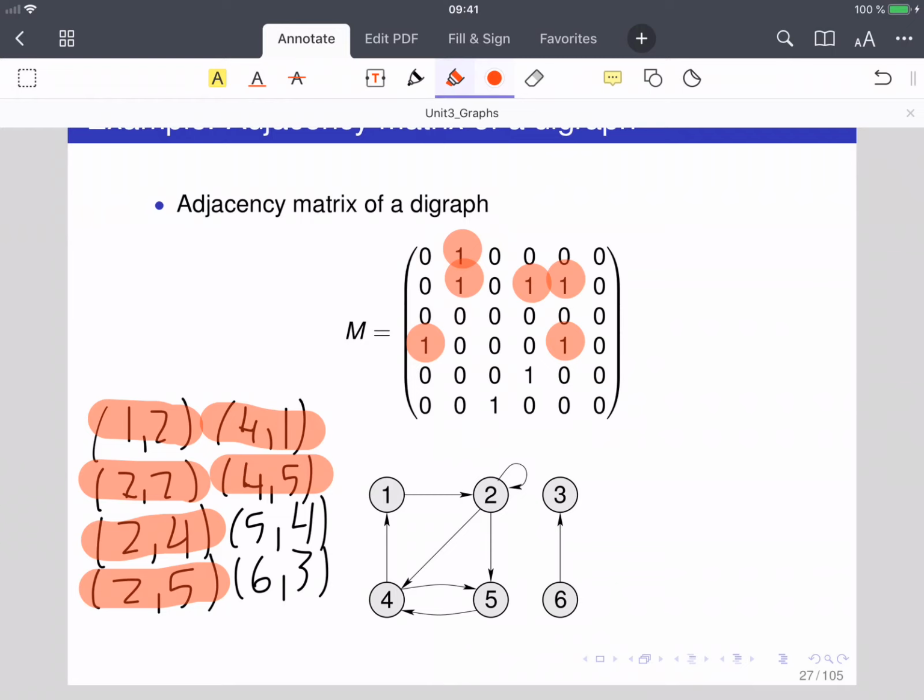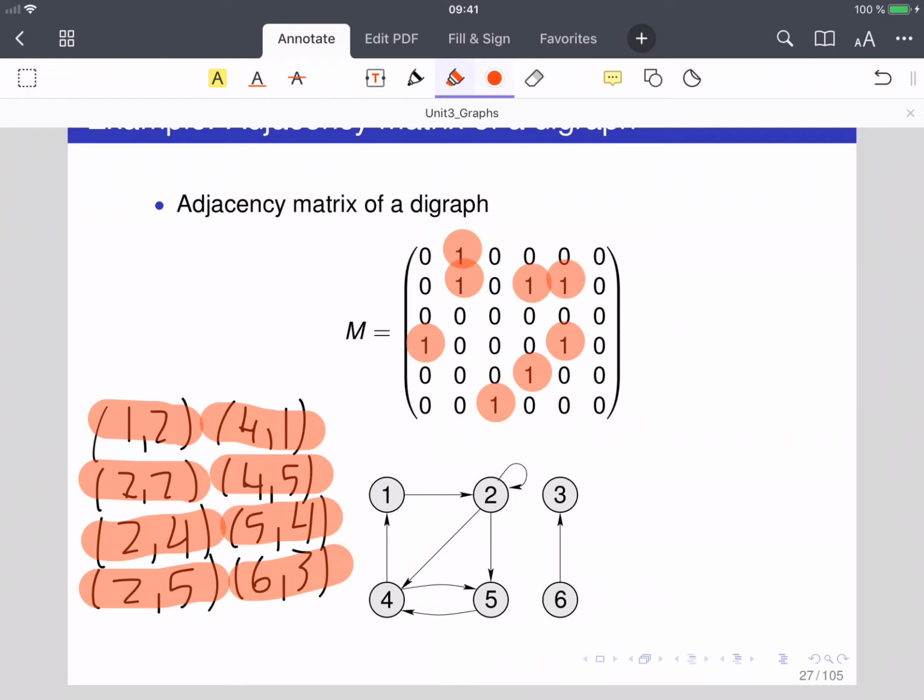Also, we have this edge here from 5 to 4, so here we have a 1 in position 5, 4, because 4 is adjacent to 5. And finally, we have this edge 6, 3, and then a 1 in position 6, 3. This is to state that 3 is adjacent to 6.